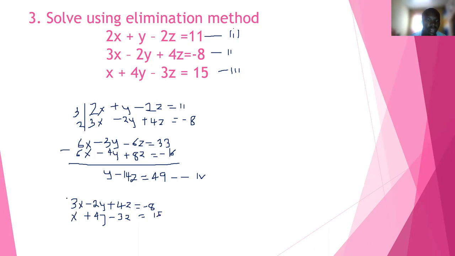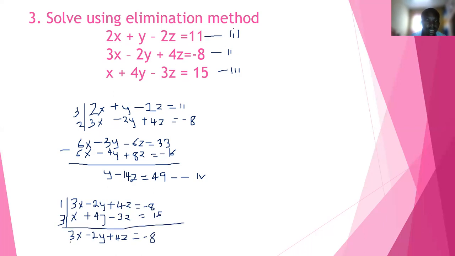Then the same, we eliminate x. Here we multiply by 1, and this side we multiply by 3. So we'll have now 3x minus 2y plus 4z is equal to negative 8.